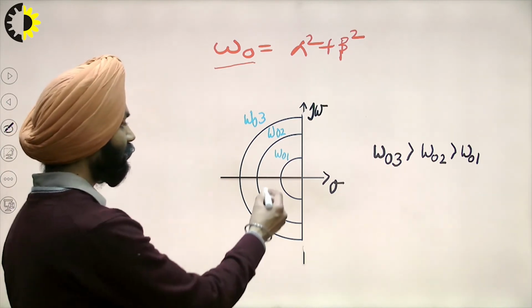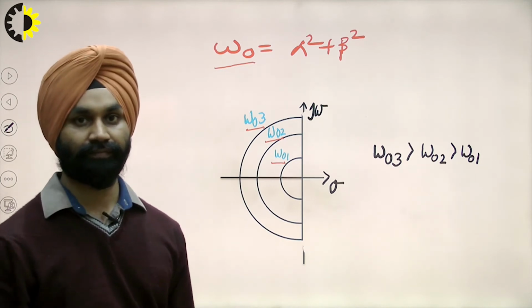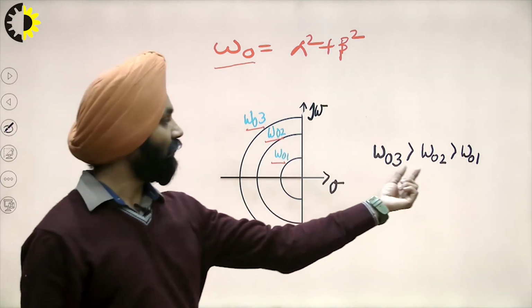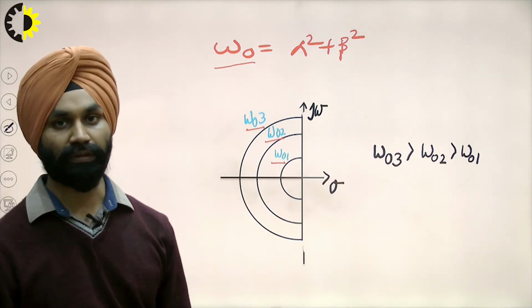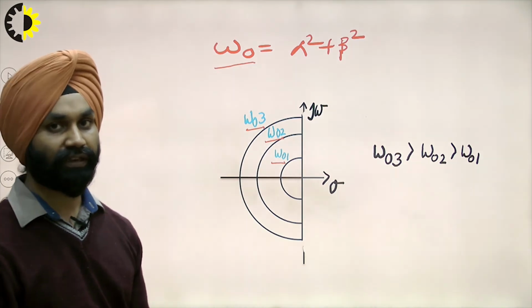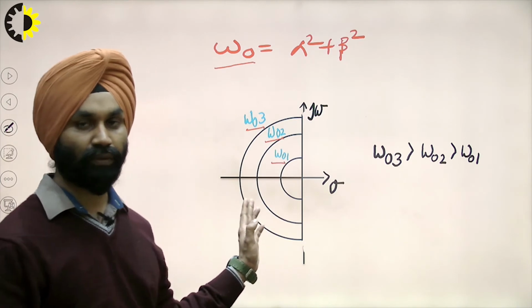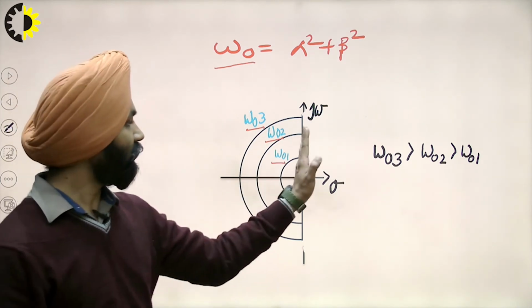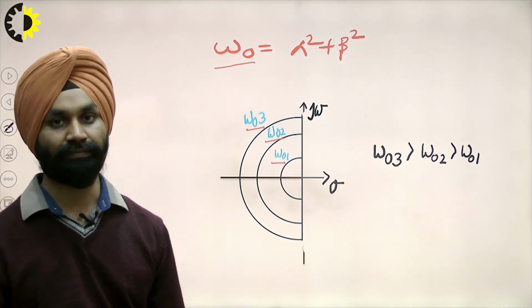So, for different values of omega naught, it will show different radii. As omega naught is the radius, when we increase the radius, there will be a different locus of our poles. We are interested only in the left hand side of the plane, because we want stability, for realization of actual filters. We are ignoring the right side of the S plane.